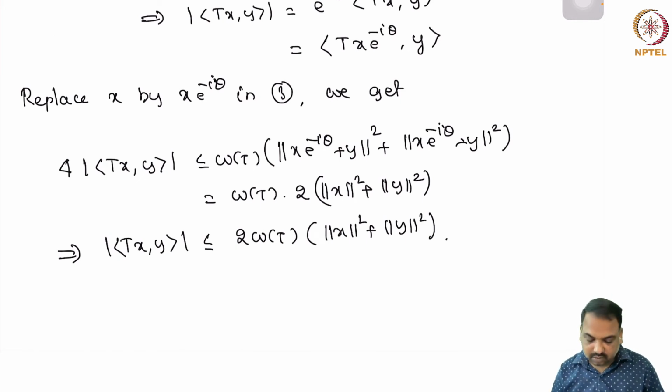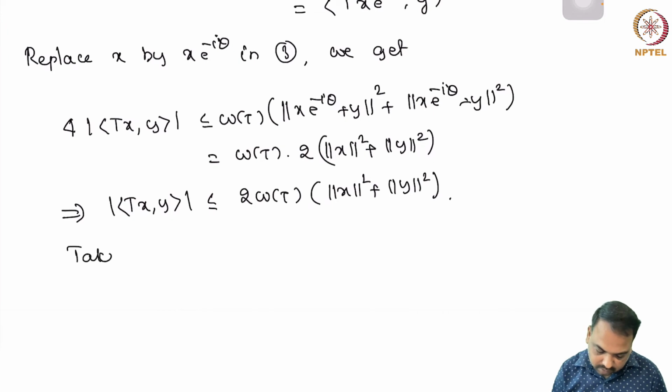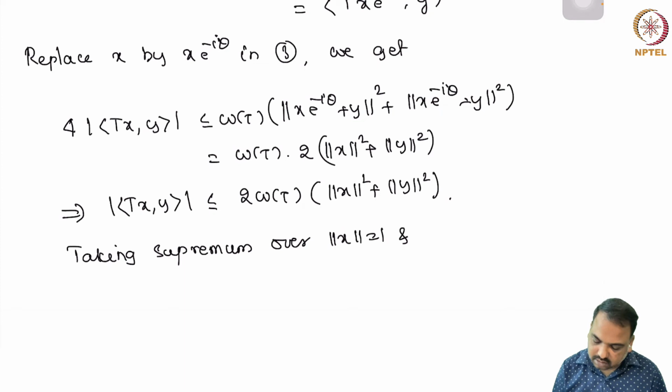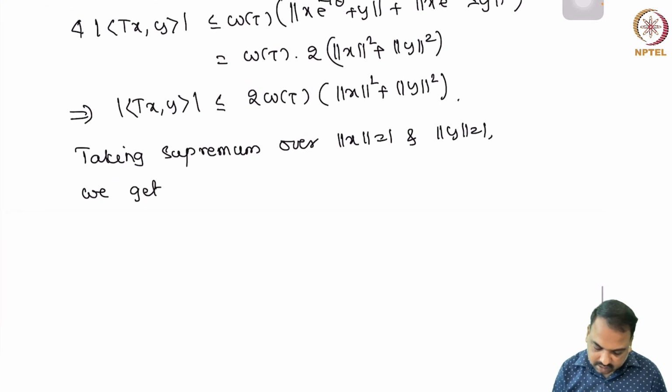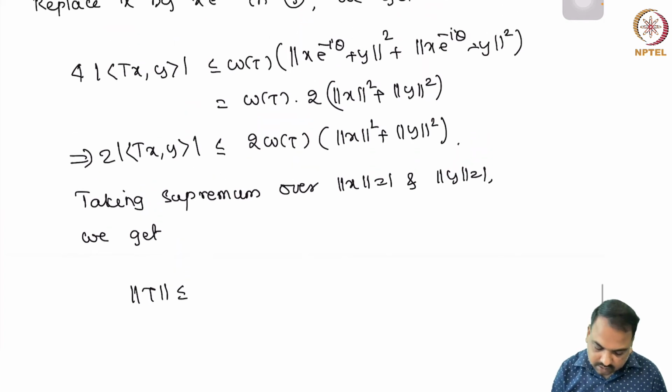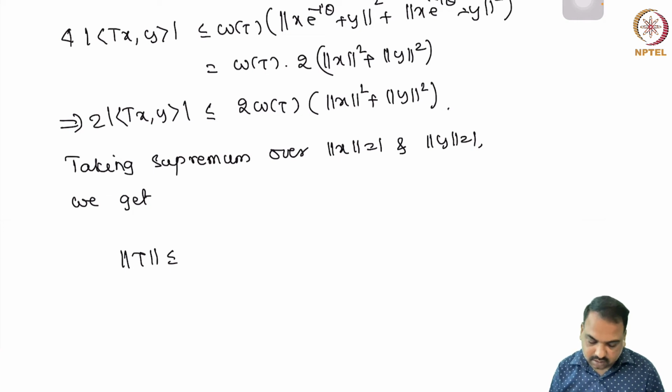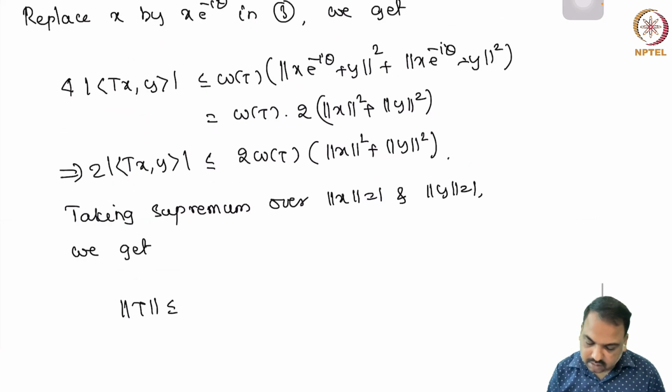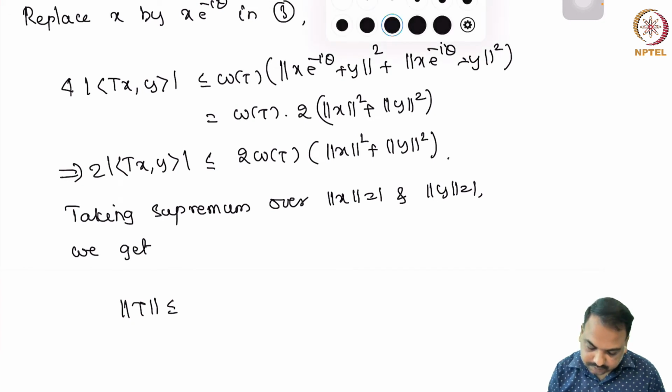Now we know that the supremum of the modulus of the inner product of Tx with y, where norm x equals 1 and norm y equals 1, will give the norm of T. So taking the supremum over norm x equal to 1 and norm y equal to 1, the left-hand side is nothing but the norm of T, which is less than, so here 2 is there, so 2 times, so this gets cancelled.